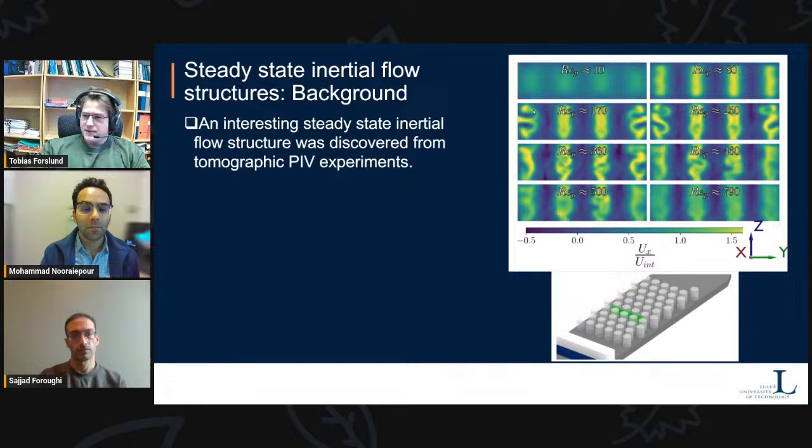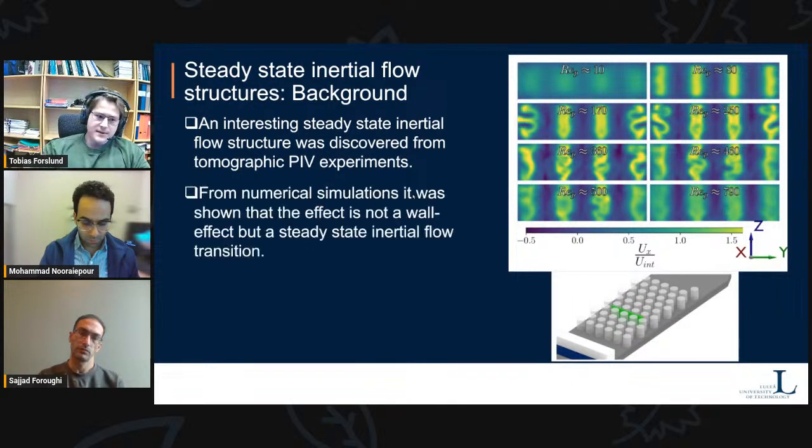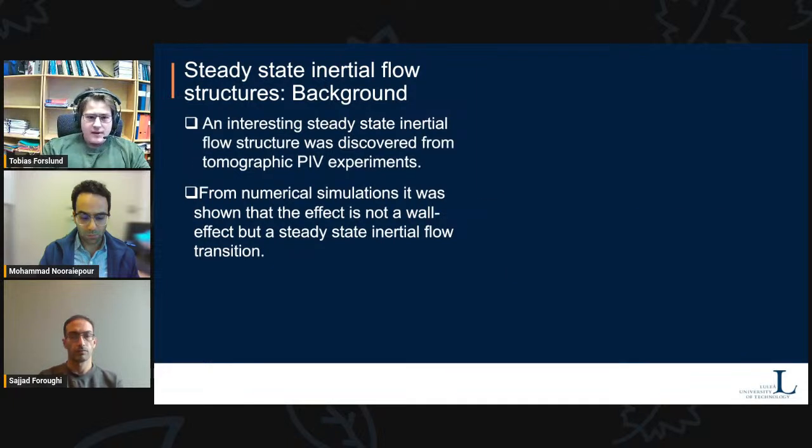Especially, you can see these epsilon-shaped profiles that appear around a Reynolds number of 170 and then slowly disappear as the Reynolds number is increased. From numerical simulations, we figured out that the effect is not a wall effect, but actually a steady state inertial flow transition.